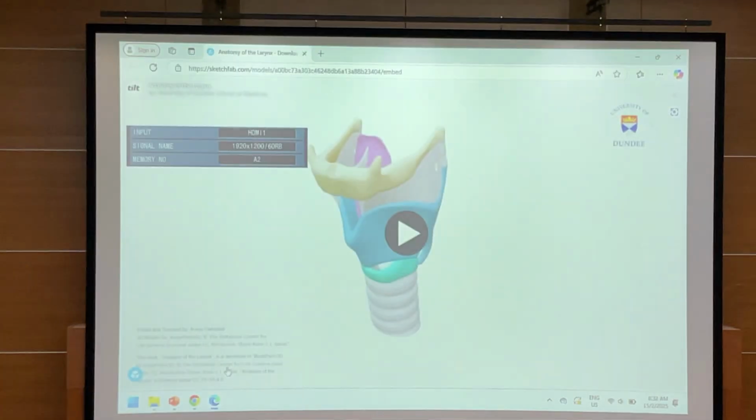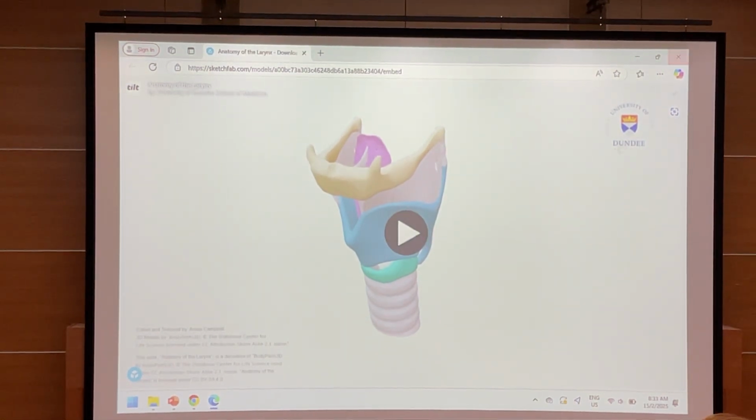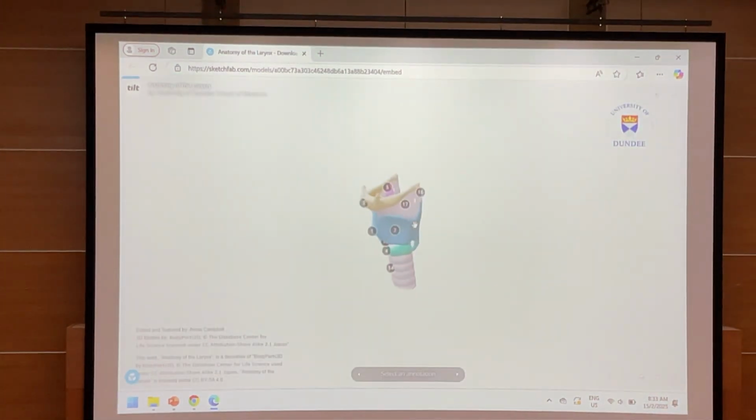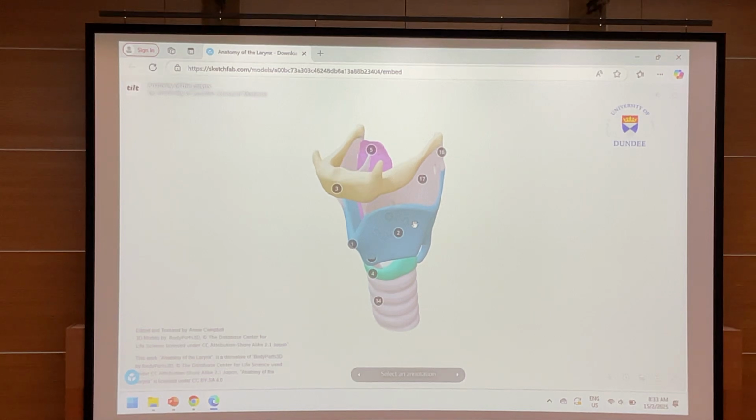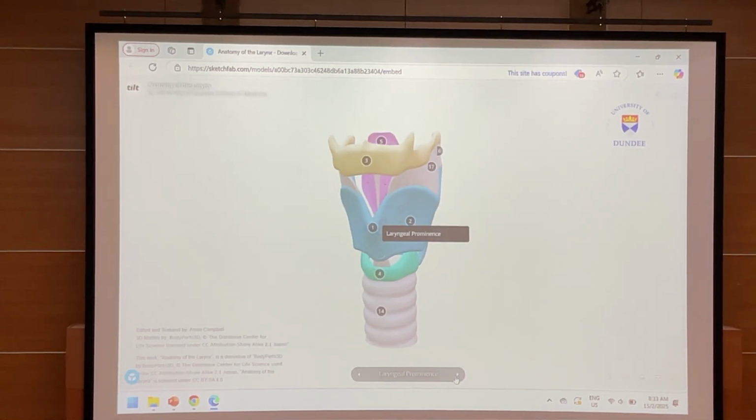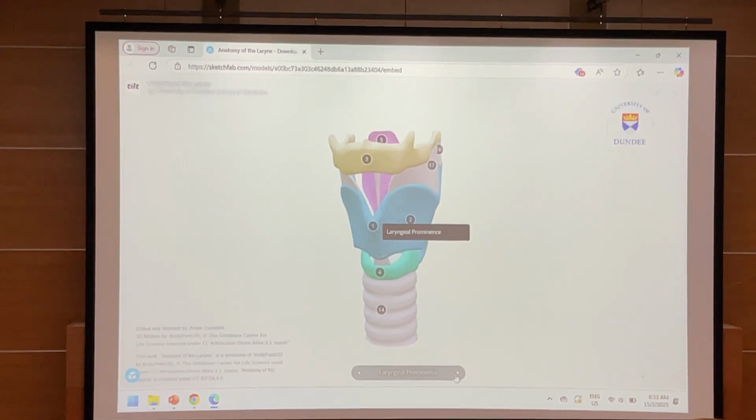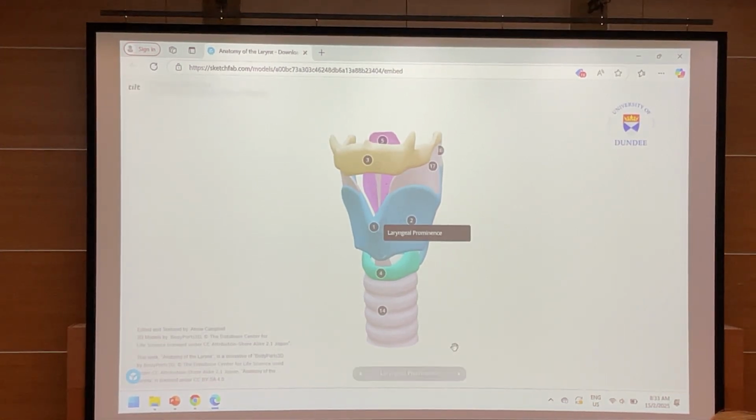Okay, can you see that? So this is what I found online, which is quite nice. It's a 3D model provided. I saw that on the website of the University of Dundee, where you can flip around the 3D model to see how the laryngeal framework looks. I find it very interesting. So you can scroll, and they are numbered and labeled there.